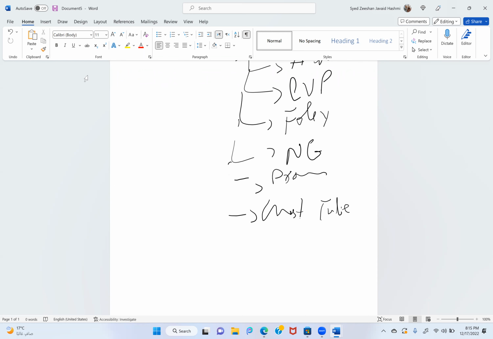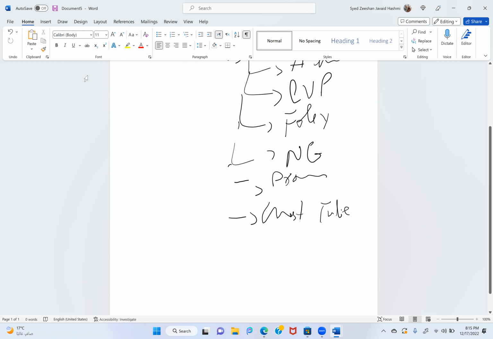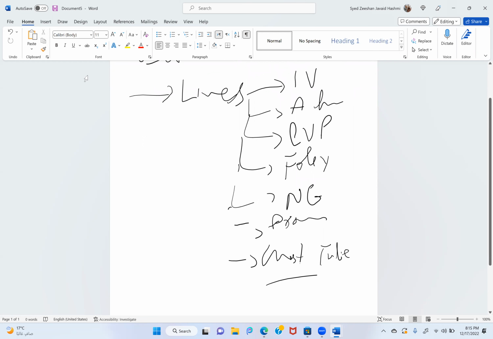When you are receiving the patient, you should know how many lines are there: arterial line, CVP, Foley, NG, drains and chest tube, or anything else you can add.